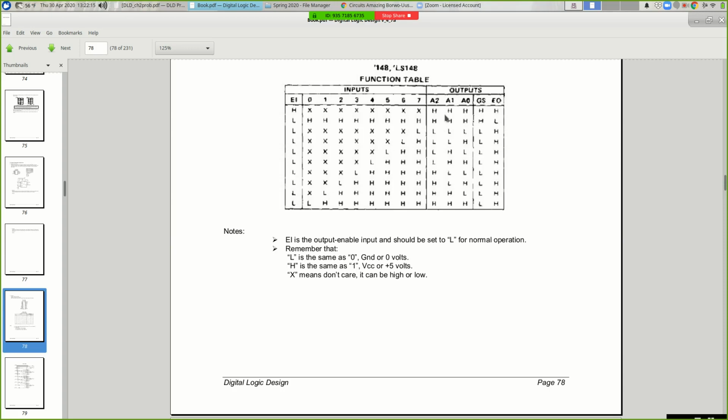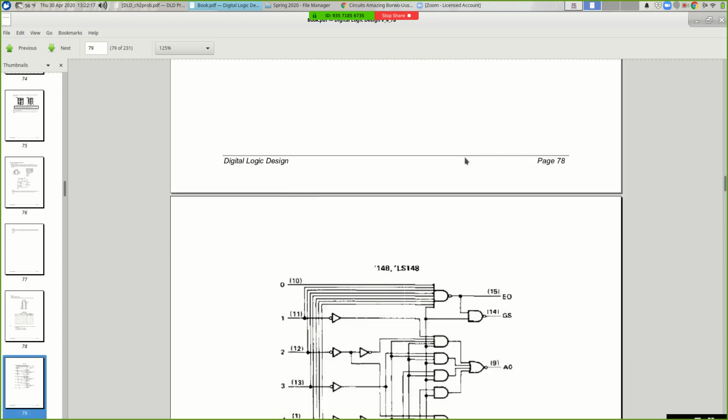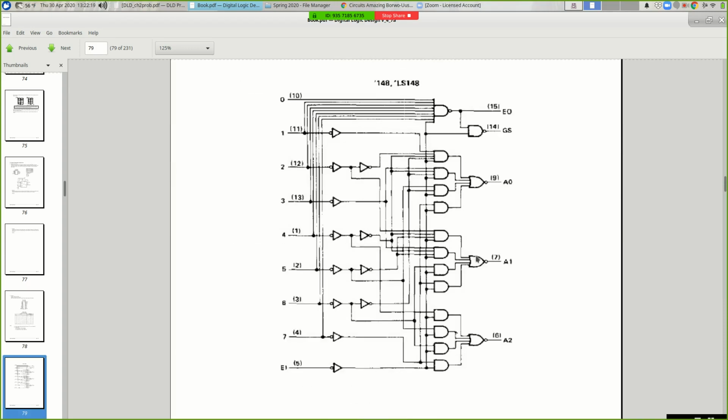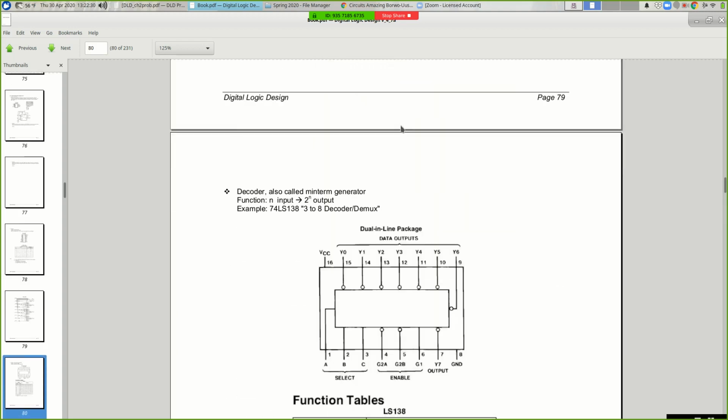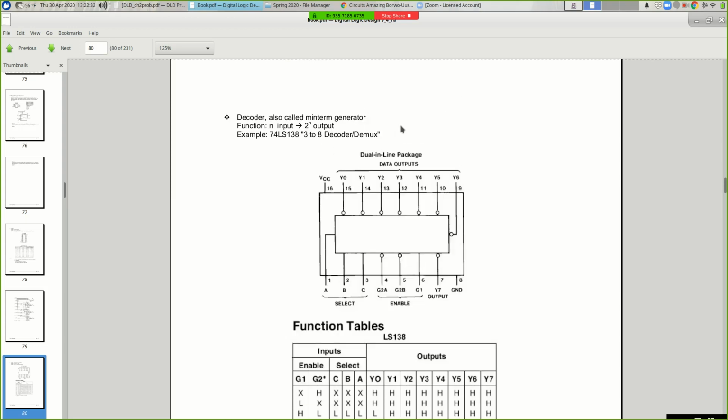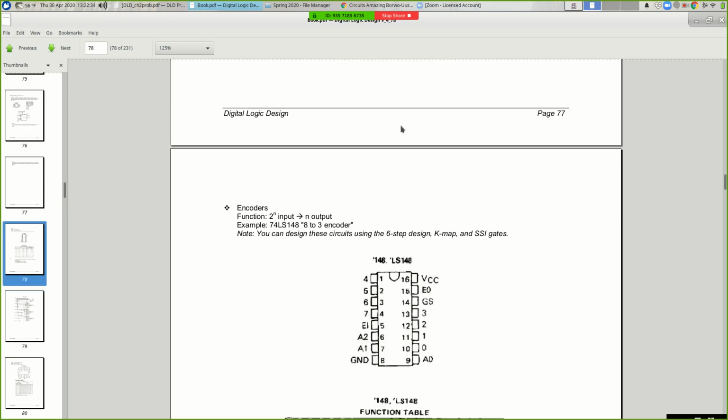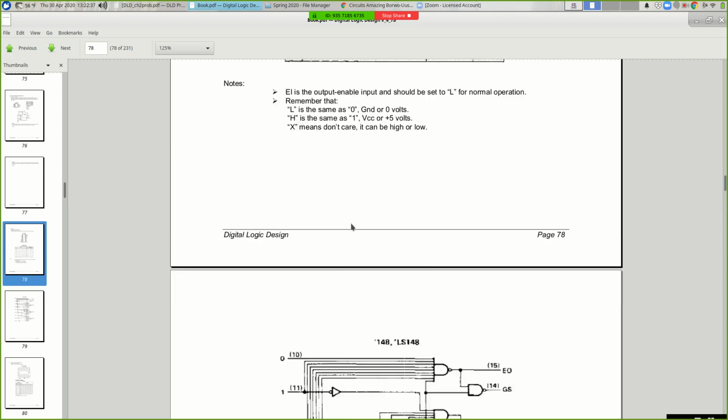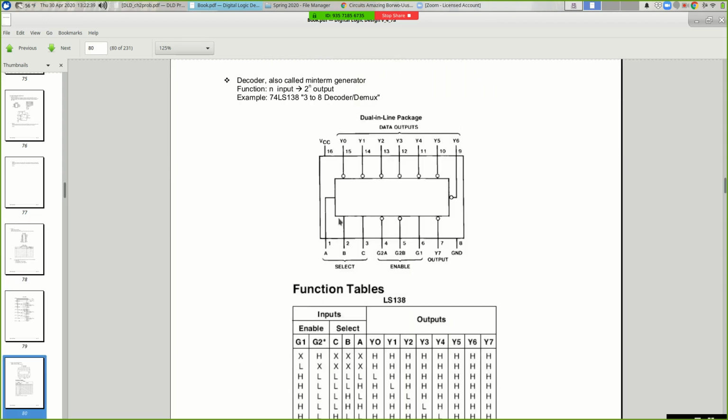And if you were to write out the sum of products for the outputs, A0, 1, and 2, they would correspond to this wiring. And this is inside one chip. Instead of having to build this, you just go get a 74-148. So that's an encoder. This is a decoder.